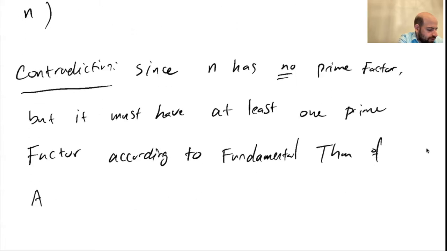Fundamental theorem of arithmetic said that every number must have at least one prime factor. It's either a prime itself or it's factorizable into primes. And in any case, it will have at least one prime factor.